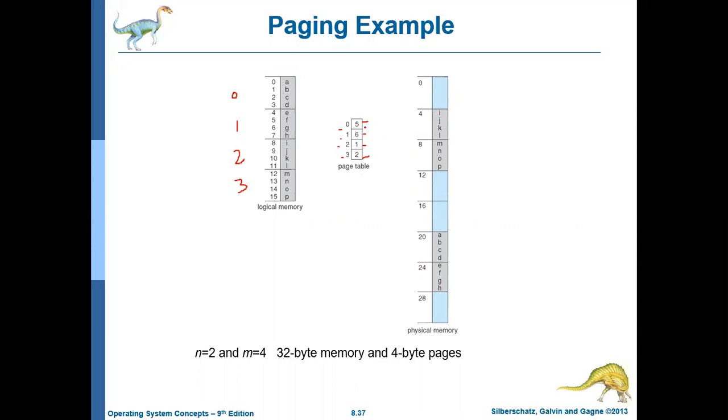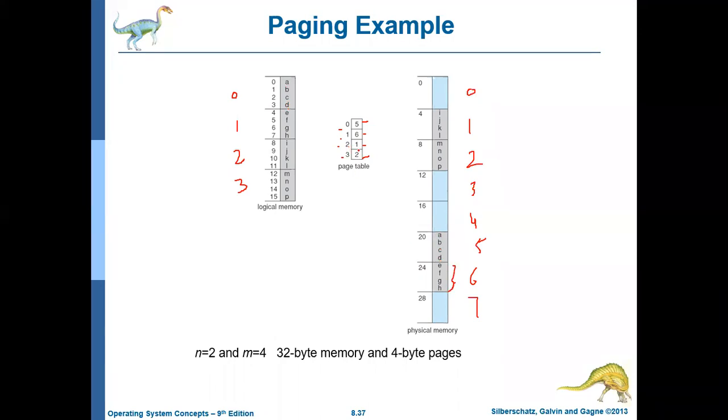So if we are talking about frames 0, 1, 2, 3, 4, 5, 6, 7, page number 0 will be going to 5. Going to 5 means A, B, C, D must be here in order. All are in order. Page number 1 is going to 6: E, F, G, H.